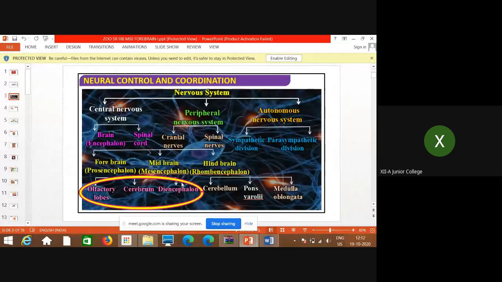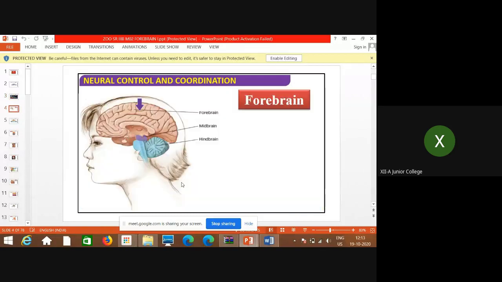We will begin with the first part, prosencephalon, the front part of the brain, called forebrain. When you see the structure very clearly in this diagram, which is shown by this arrow, the entire structure is forebrain.